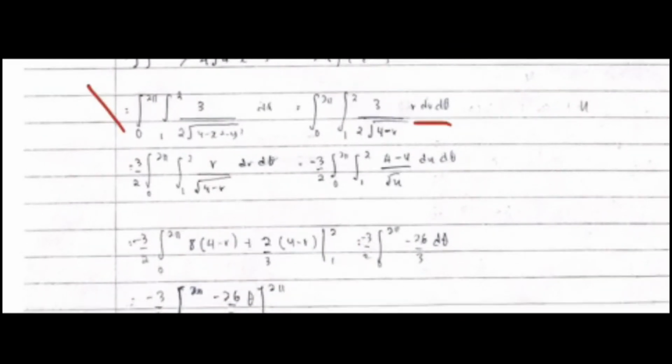Then we just integrate like usual with respect to r and d theta. We will get the last answer, which is 26 pi.